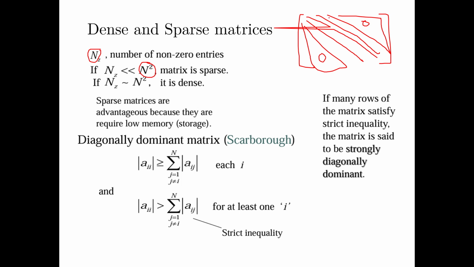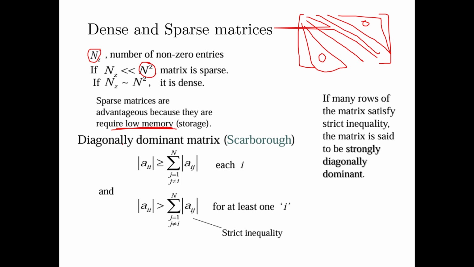So I need 8 into 2 times the total number of non-zero elements, which is nz. So I need 16 times nz bits, which is very much less than 8 n square bits. That is why they are advantageous, because they require very low memory.